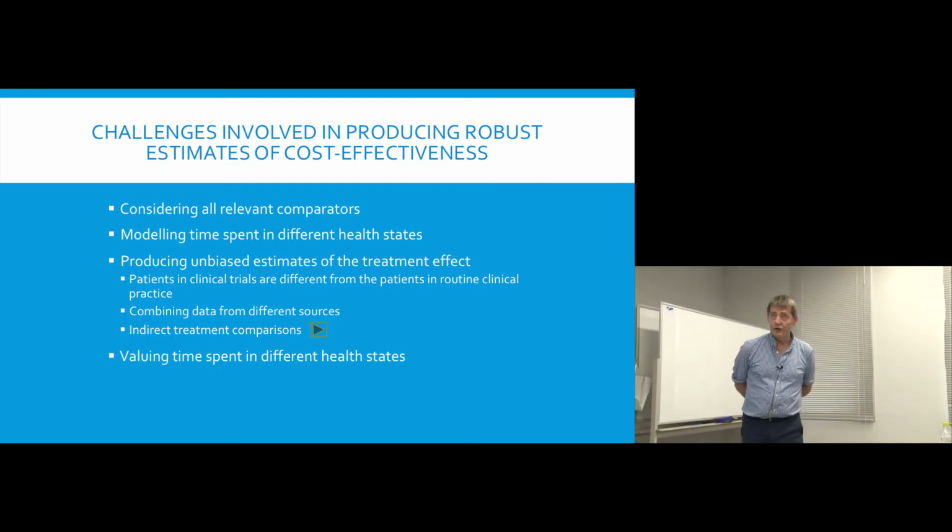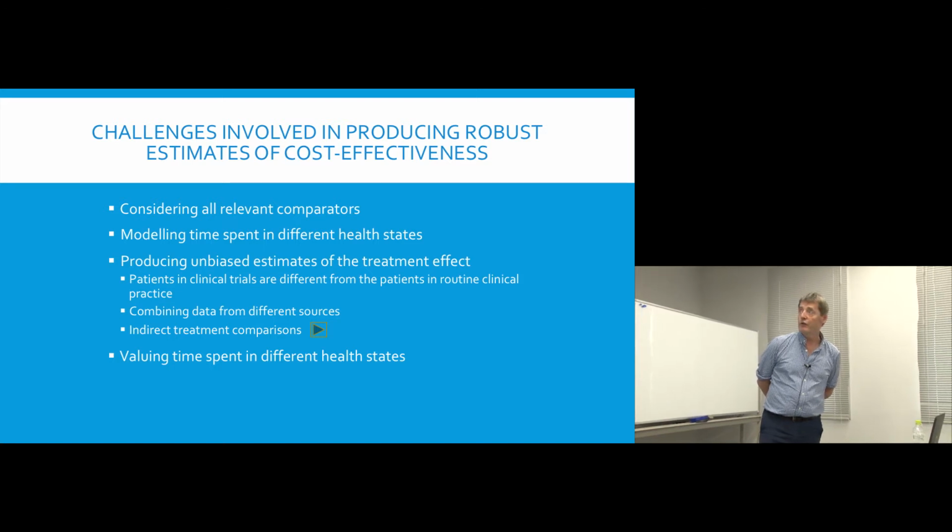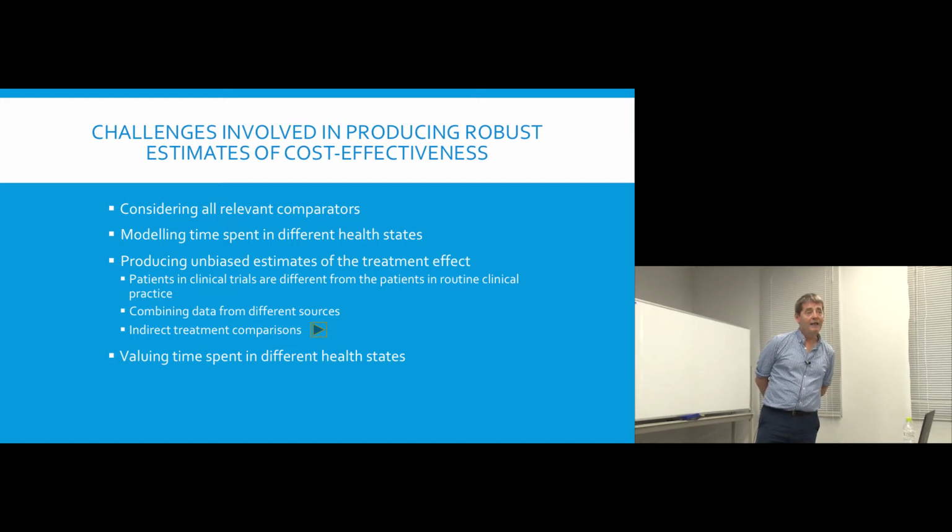The second set of issues, which I'll reprise with you, are this issue of modelling time spent in different health states. And this is what we spent a lot of our time on in this second lecture. It has to be done if you're going to get a realistic picture of cost effectiveness.